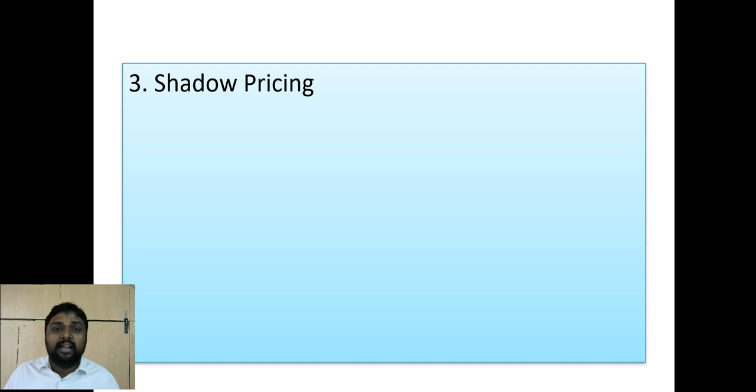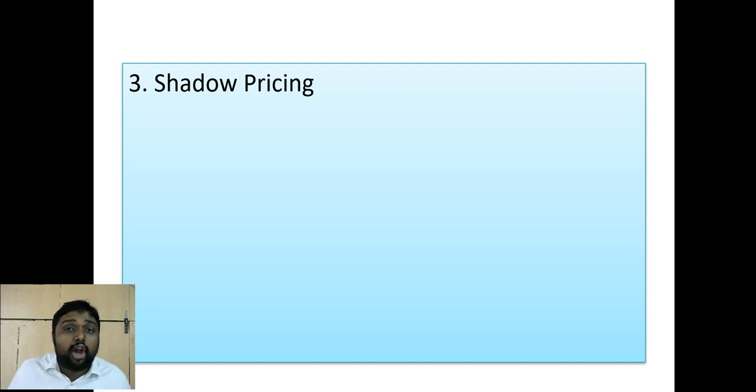Shadow pricing. See, now you all know one thing. Now Corona happened, and the product is getting less. When the product is getting less, there is a chance that retailers may charge a high price.